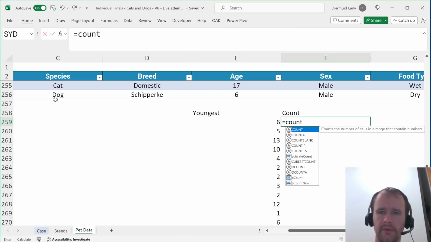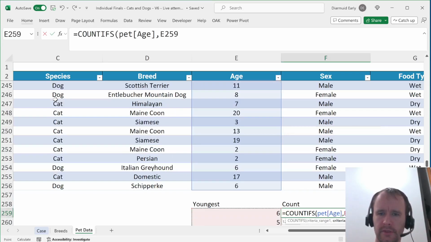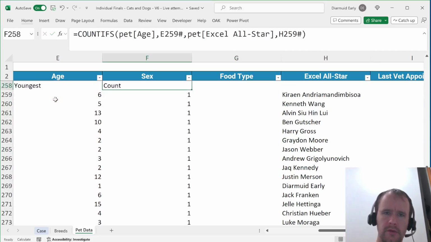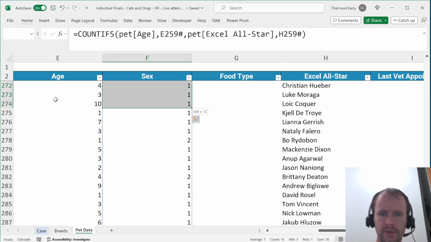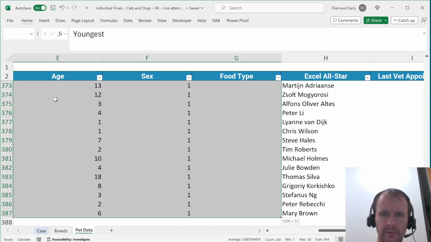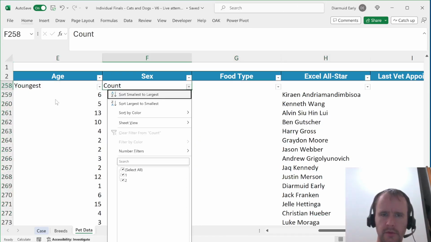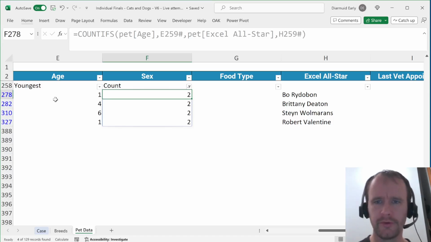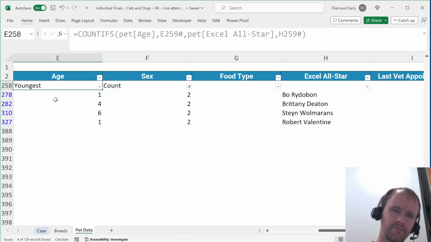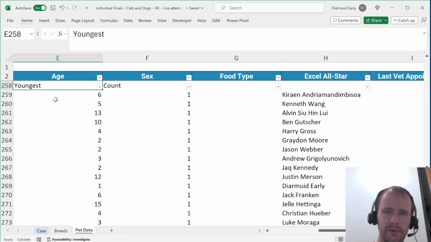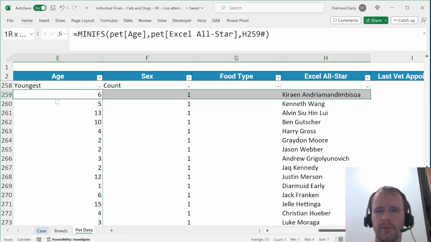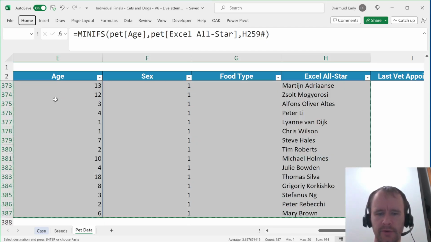It's going to be count ifs, where this is this, and this is this. The answer is there are not a lot of 2's. Let's see exactly how many there are. Bo, Brittany, Steen, and Robert. Okay, so I think I'm tempted to just deal with those separately since there are so few of them.